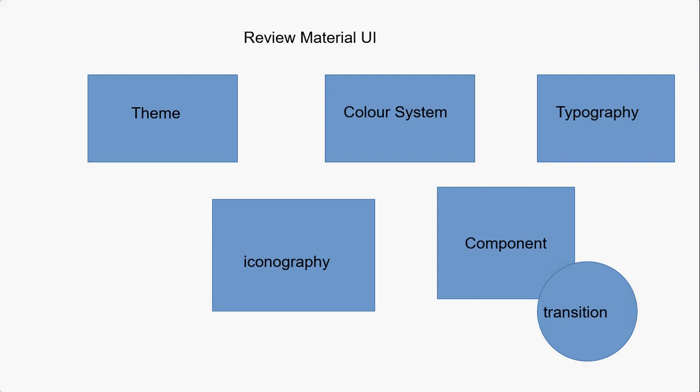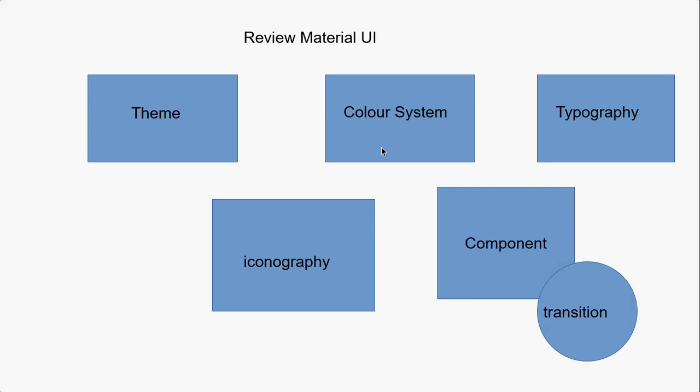The primary color is the one used most frequently across our application screens and components, like the highlighted color for our company brand, company logo or company brand. That we can consider as a primary color.